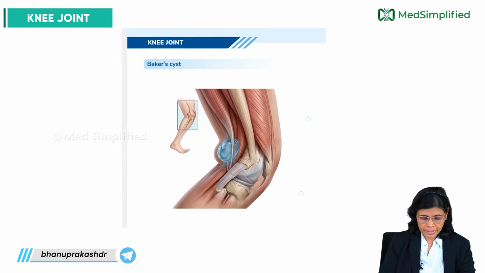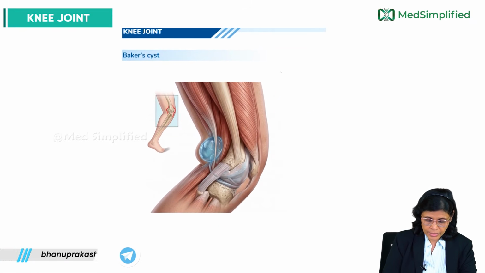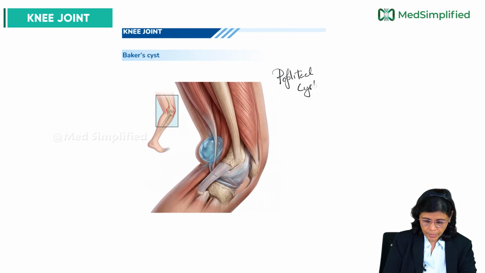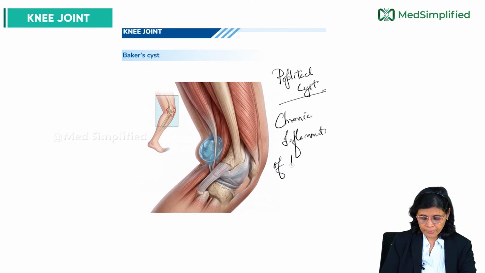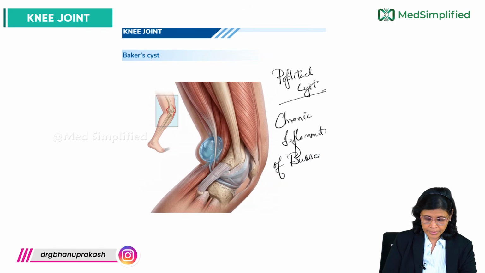Then we have the Baker's cyst, otherwise known as the popliteal cyst. The popliteal cyst is basically a chronic inflammation of the bursa which is deep to the tendon of the semimembranosus.